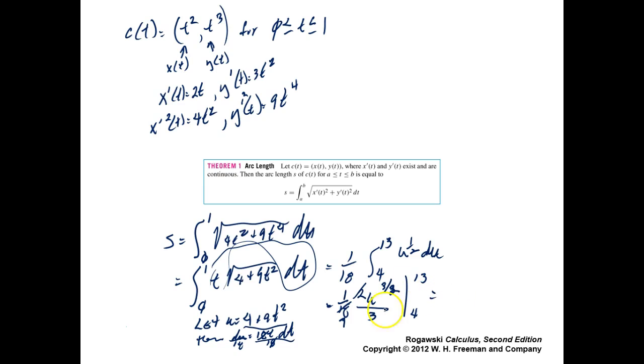So this is going to wind up being the 9 and the 3, that makes 1 over 27, times 13 to the 3/2 power, whatever that is, minus, and I already took the 9 and the 3 out, so that's just what is 4 to the 3/2 power?